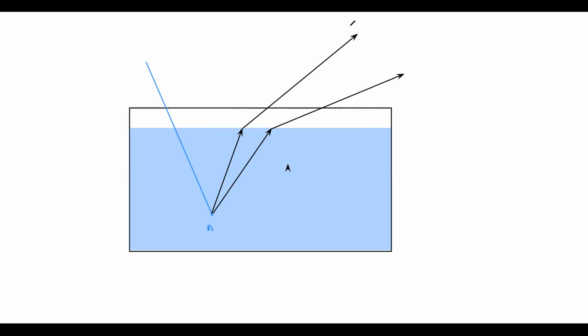If you are observing from this point, our brain always senses that light is coming straight from the object.